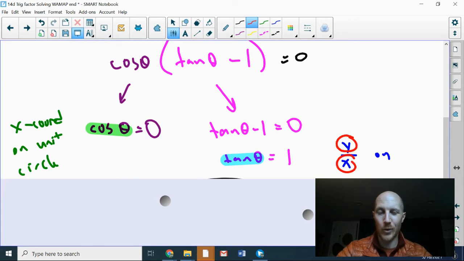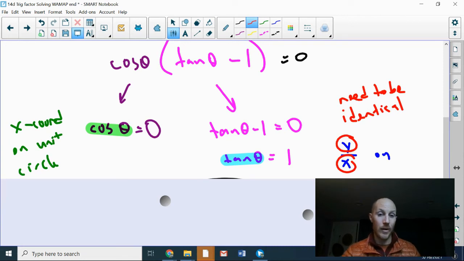That's the only way I can divide one thing by another thing and get an answer of 1. So I'll be looking for points on the unit circle where both the x coordinate and the y coordinate are exactly the same as each other. That is what I'm looking for tangent of theta to be equal to 1. So x coordinates equal to 0 for the purple part that's highlighted in green, and identical x and y coordinates for the pink part highlighted in blue.